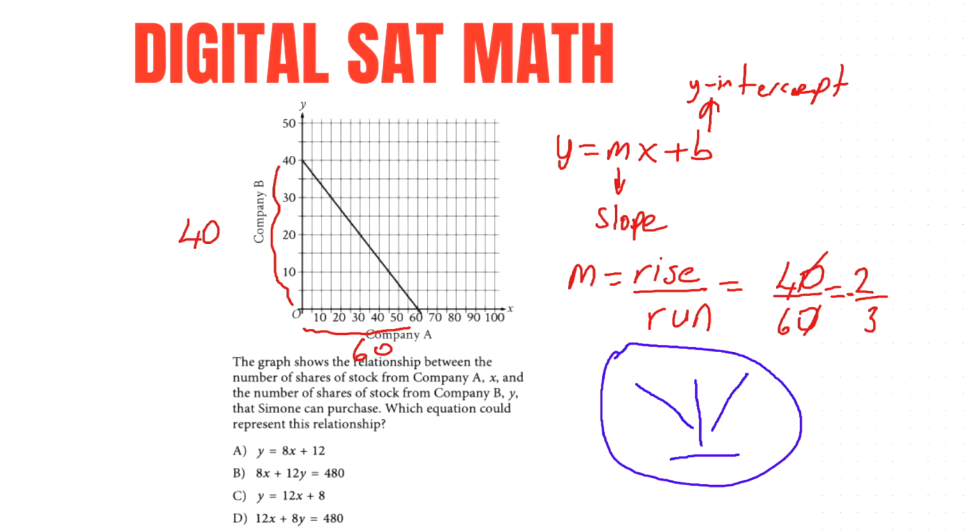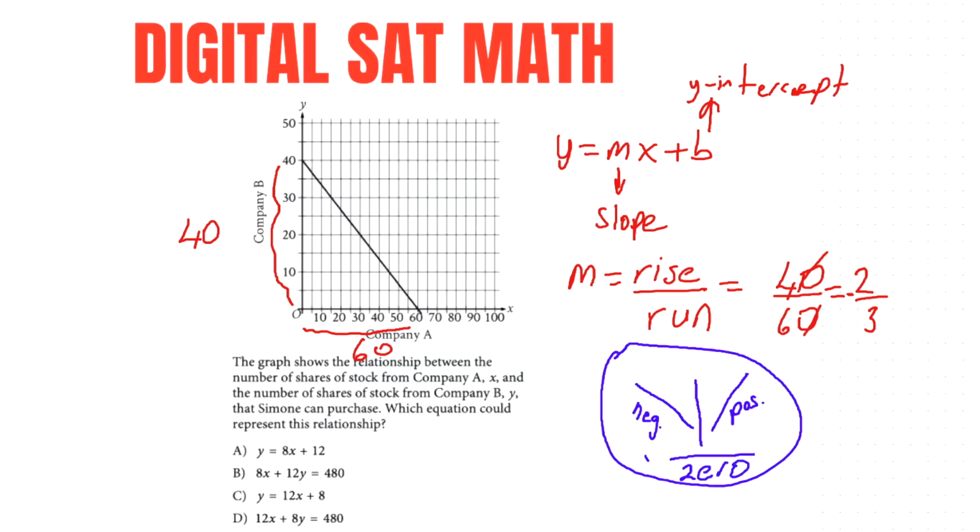If the graph goes from left bottom to right top, the slope is positive. If the graph goes from right bottom to left top, the slope is negative. If it's exactly horizontal, the slope is 0, like the x-axis.